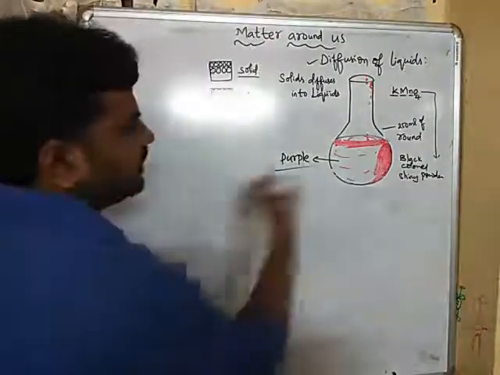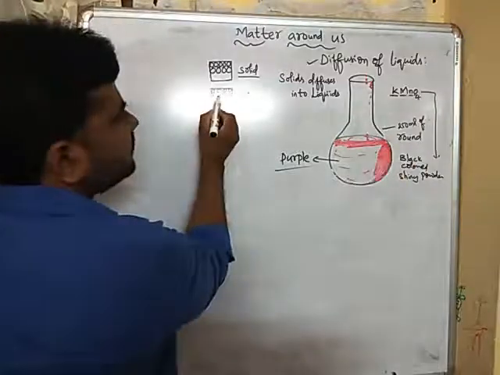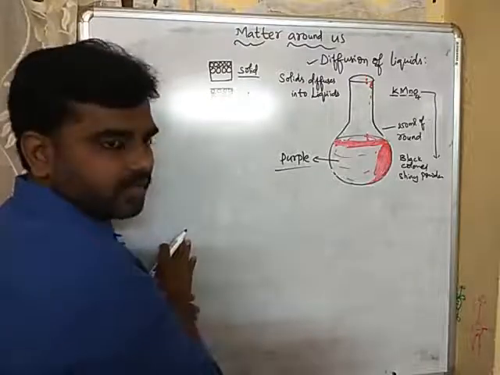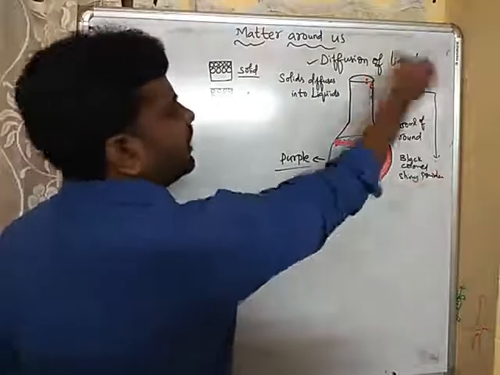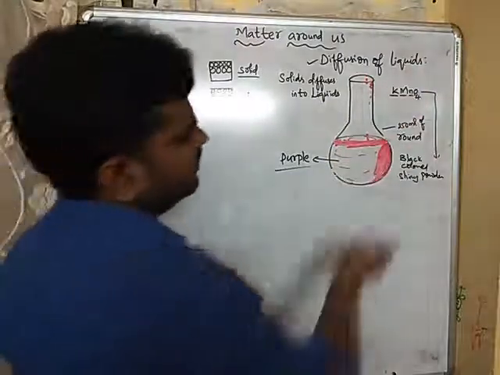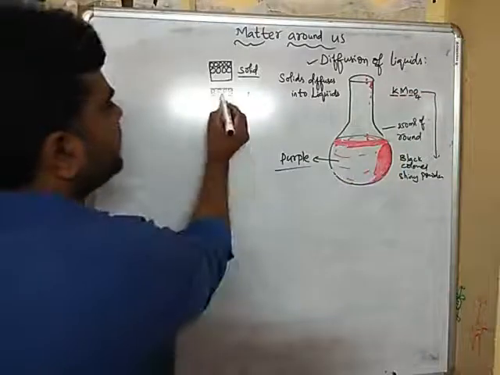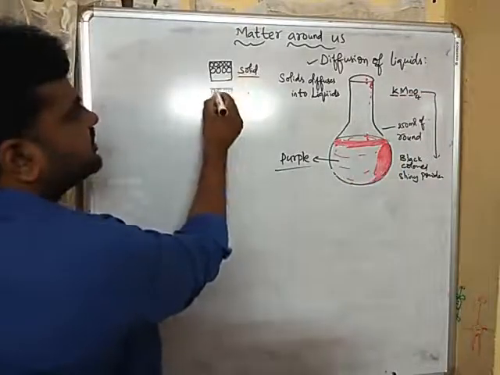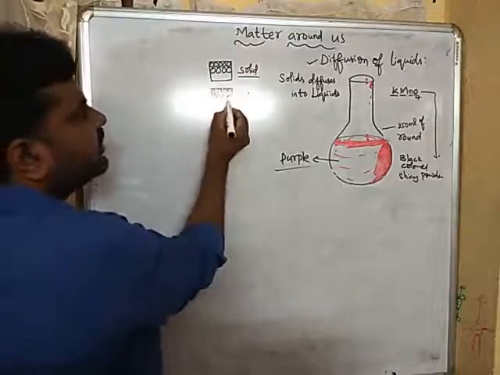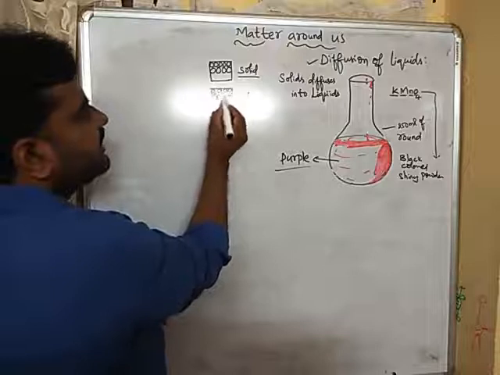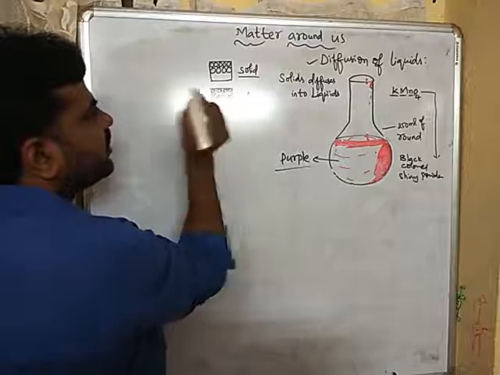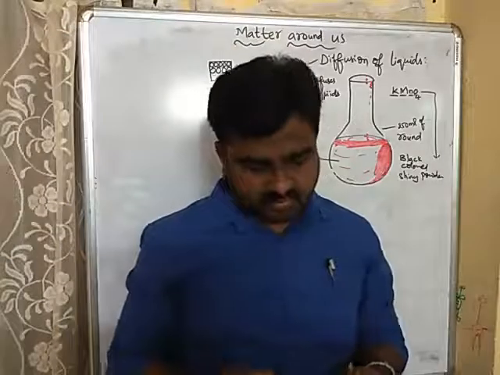This is water, and water is nothing but liquid. In this liquid there is a gap. When you pour a spatula full or a pinch of potassium permanganate, the potassium permanganate comes and settles into this gap. That means the transfer of molecules takes place from one place to another.